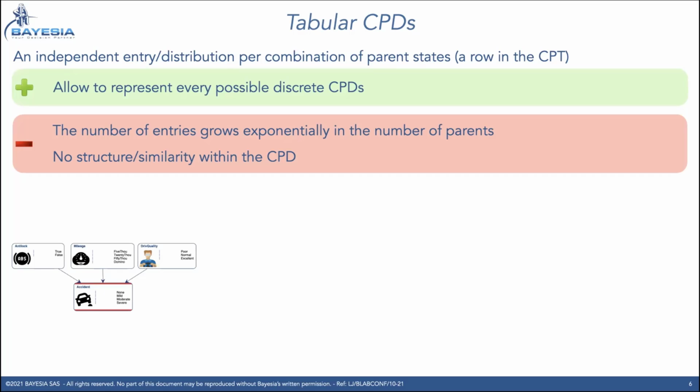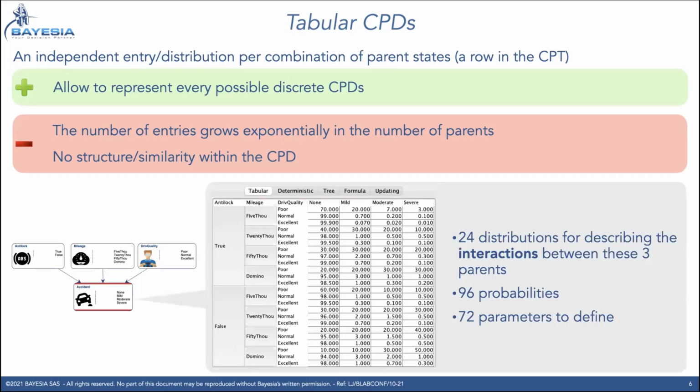Here is an example with 3 parents again and a child. Given that my first parent is a Boolean node, true or false, the second one has 4 states and the third one has 3 states, we end up with a conditional probability distribution made of 24 distributions. We have what we can call in statistics an interaction term here for the 3 parents.